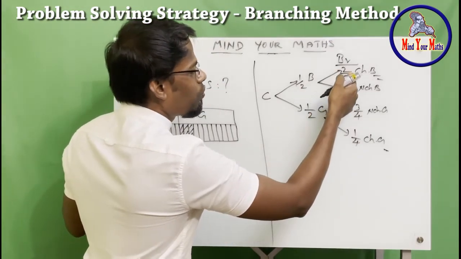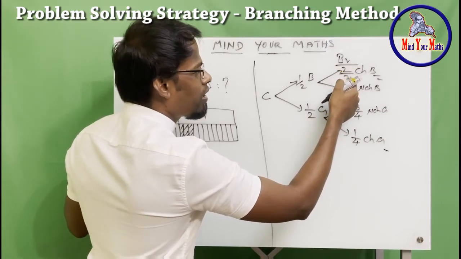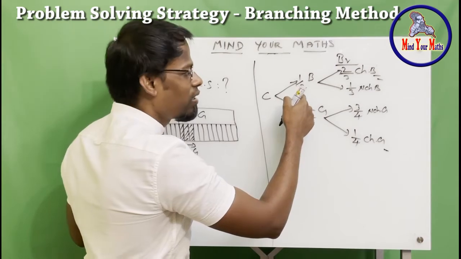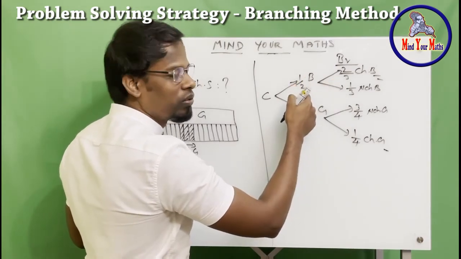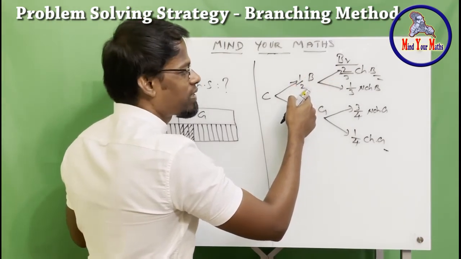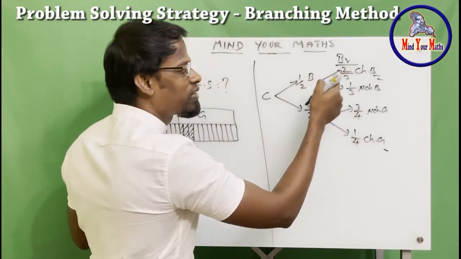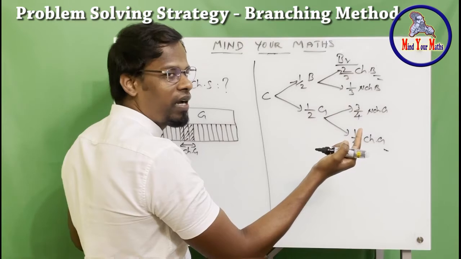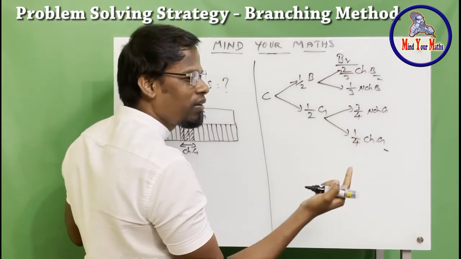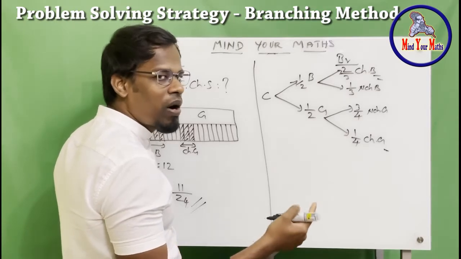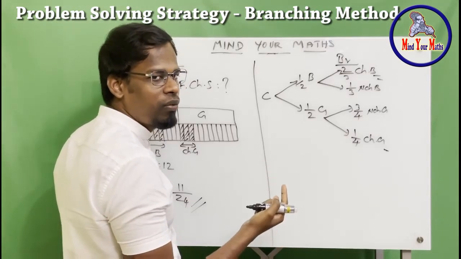Now let's see what we need to find. 2/3 of the half, right? 2/3 of 1 over 2. What it means is this fraction of this fraction of something. They might give any keyword, some number, some amount, some remainder.